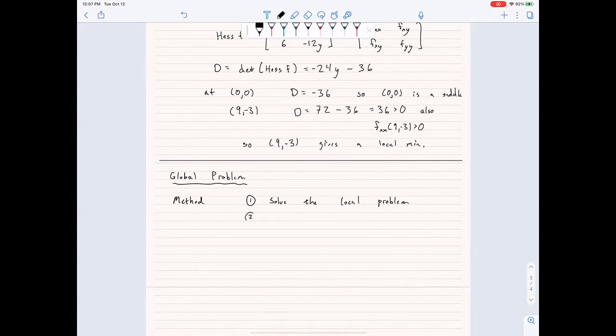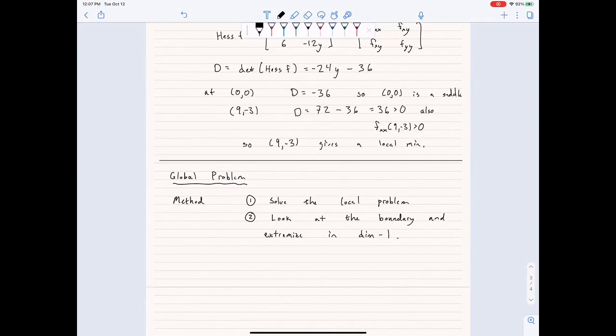And the second bit is, look at the boundary and extremize, I'll say, in one less dimension. And I'll explain what I mean by that. Dimension minus 1. This is a general thing you can do. So this is not something that you just need to do in 2 variables.